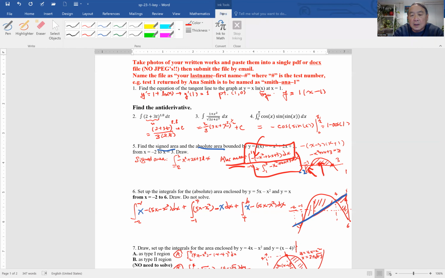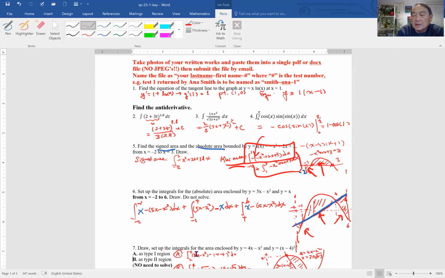Okay, and so here's a line at -2. So the first piece is here, and then there's a middle piece, and then the third piece. That's why you have those 3 integrals. And depending on which is on top and which is on bottom, you integrate, subtracting the bottom from the top, to get the absolute value of the integrals.